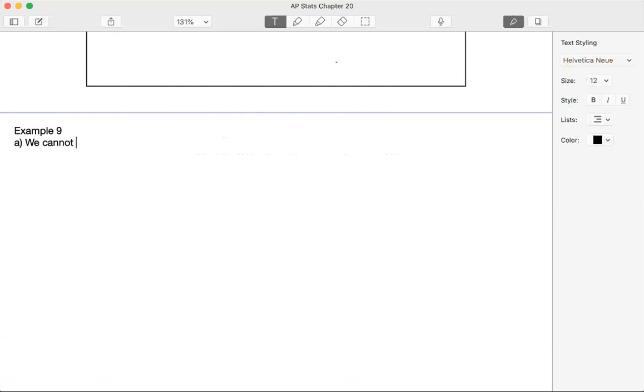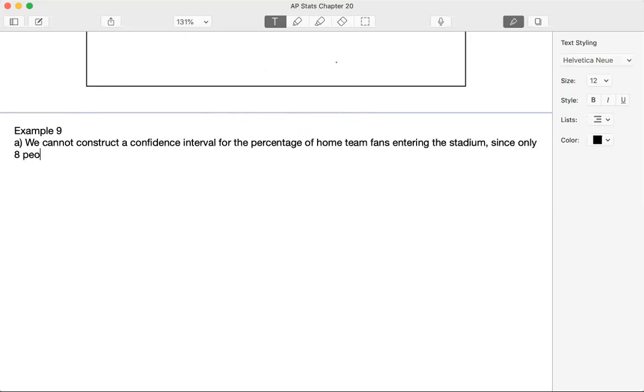So we cannot construct a confidence interval for the percentage of home team fans entering the stadium, since only 8 people were not home fans.